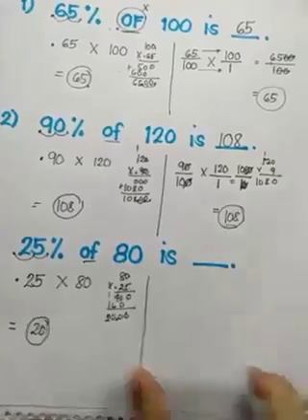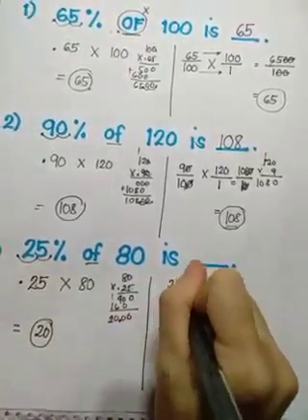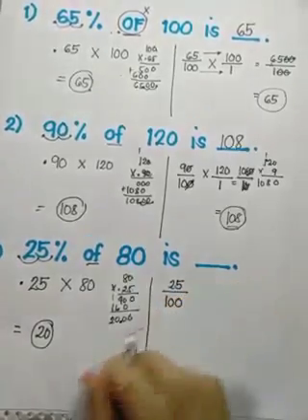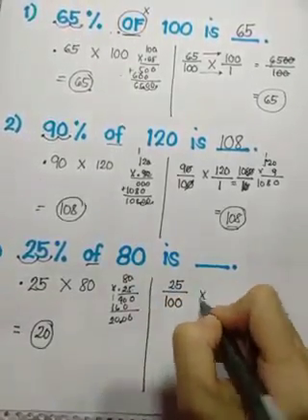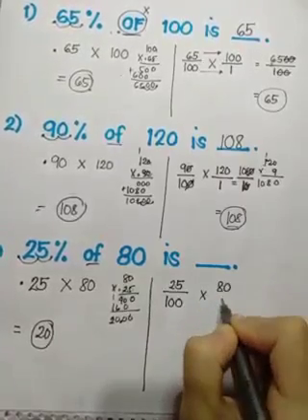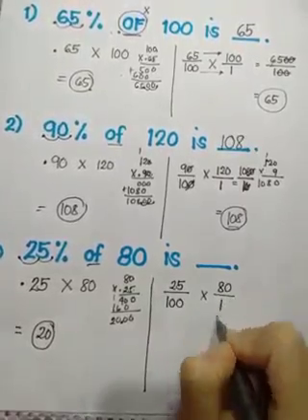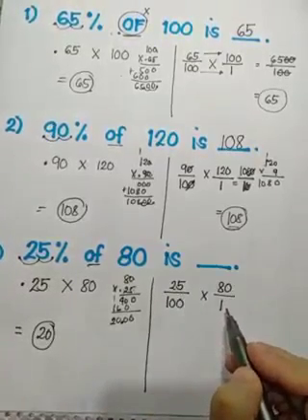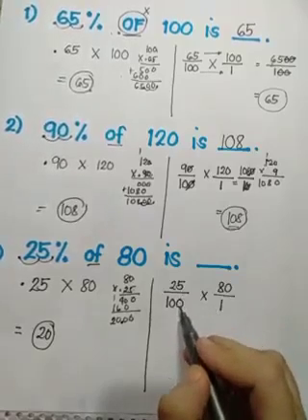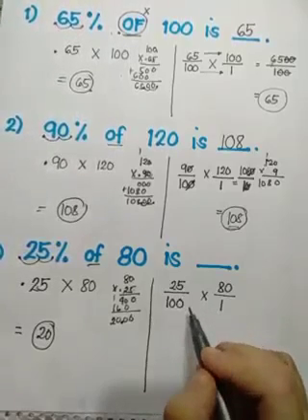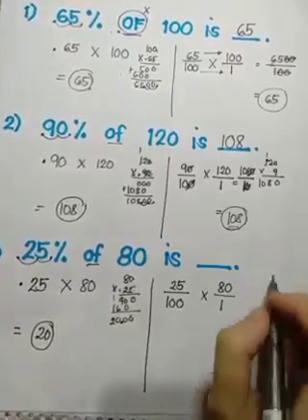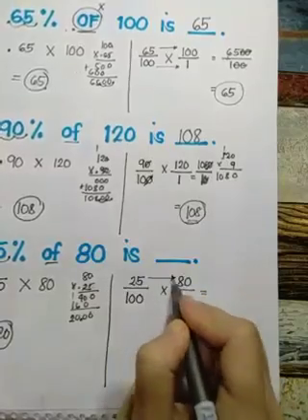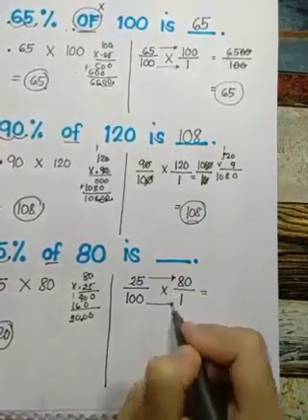Let's check in fraction form. We'll have 25 and the denominator, which is 100, then times 80. We'll make 80 a fraction by putting 1 as a denominator. For this part we can't use the shortcut of canceling zeros, because the zeros are not in both the numerator and denominator. So we have to multiply this. Multiply the numerators and the denominators.